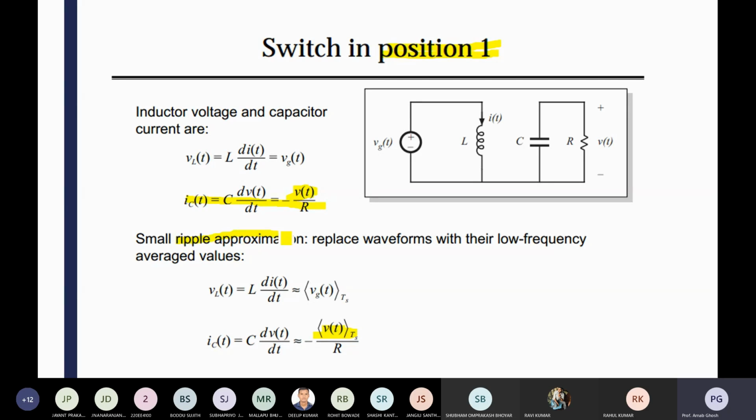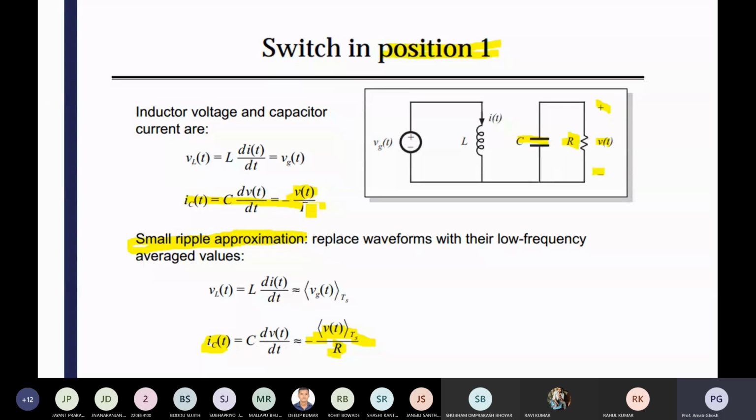After the ripple approximation, iC(t) is more or less similar to v(t) output averaged over the switching time period divided by the load resistance. Plus and minus both are there, and it is the load resistance.